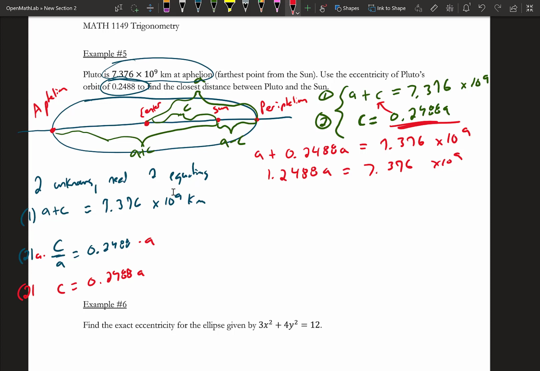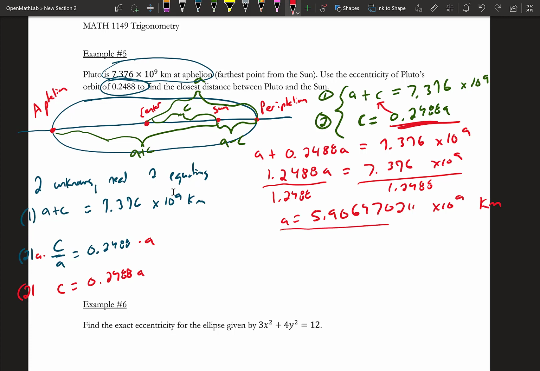And then if we want to get a by itself, we would divide both sides by 1.2488. Right? So this ends up giving me a equals 5.906470211 times 10 to the 9th. And this would be in kilometers.